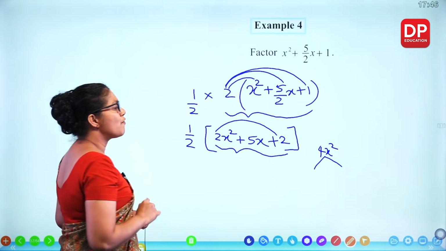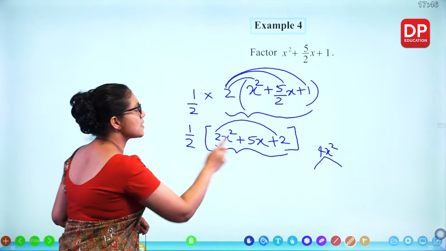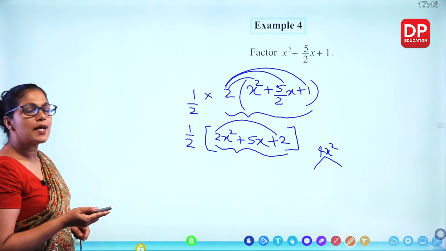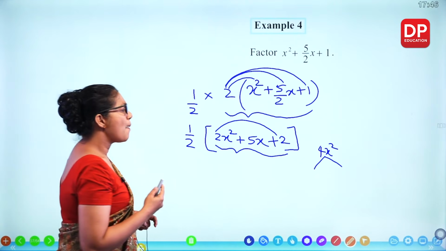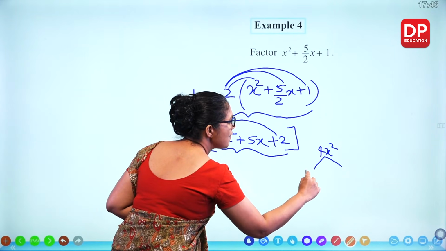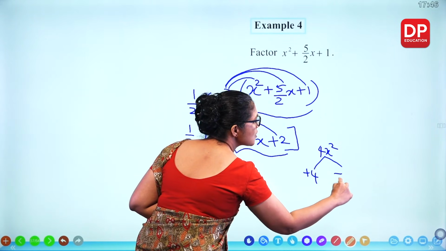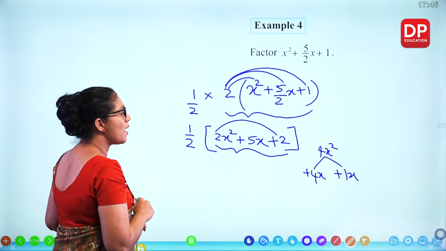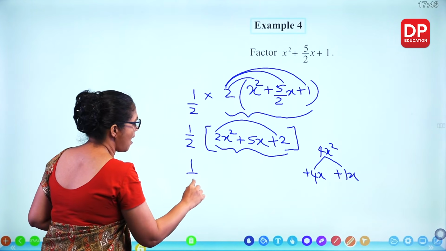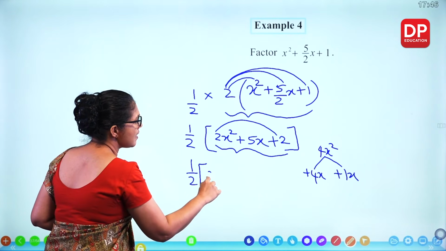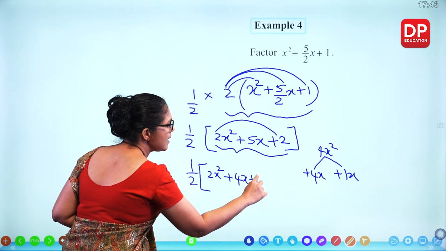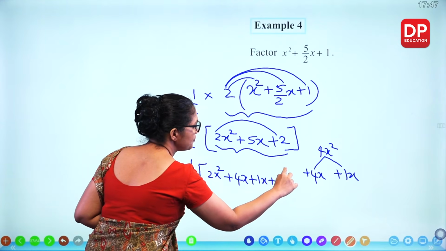Find the factors of 4x squared to get plus 5. So the middle term is plus and the last term is plus, which means both factors are plus. So here you can write plus 4 and plus 1. So this is the x term. You can write 4x and 1x. Half is there. Instead of the middle term, I can write 4x and 1x.